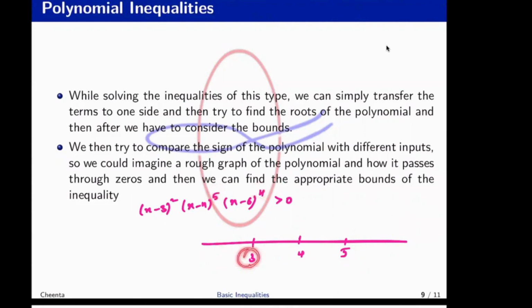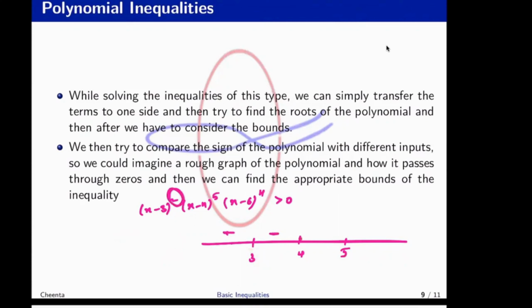Now you can keep any number less than 3. Suppose we keep 2, we get 1 square times minus 2 whole power 5, so we are getting a negative sign here. Since we have an even power at 3, our sign remains constant.